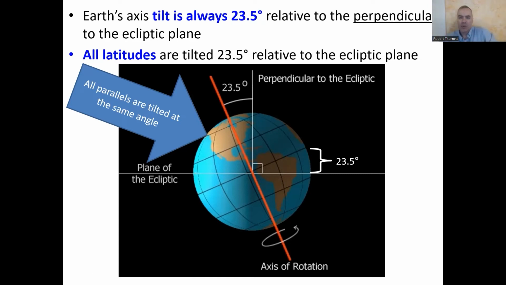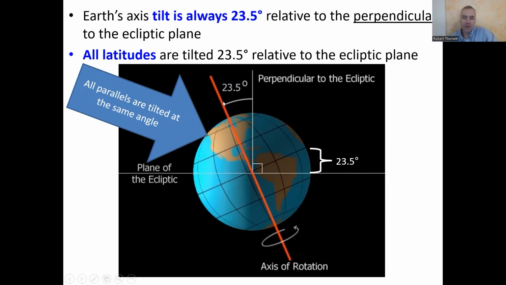And then we say, where's the Earth axis? Earth axis is always 23.5 degrees tilt away from the perpendicular to the plane of the ecliptic. Okay, so that's always a 23.5 degree angle right there, where the Earth's axis is away from a 90-degree angle to the plane of the ecliptic. That's what the tilt is tilted from.